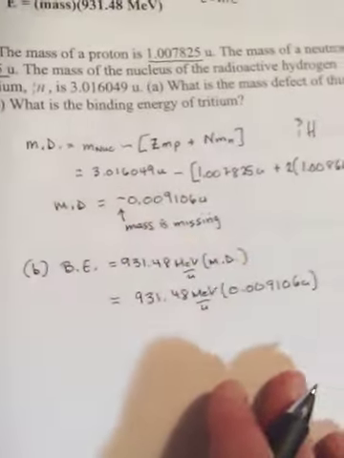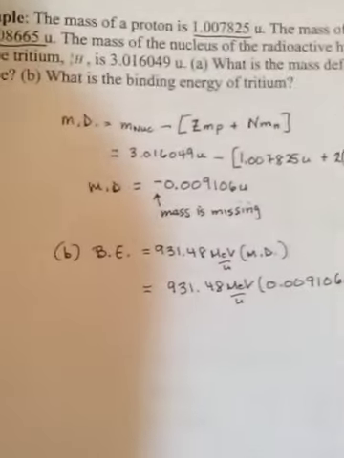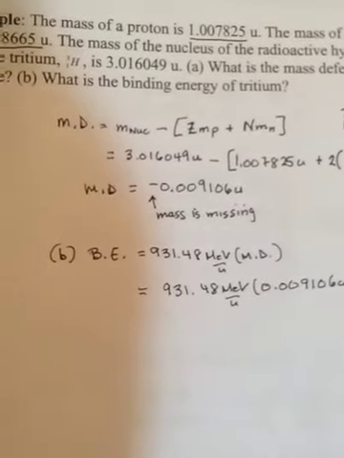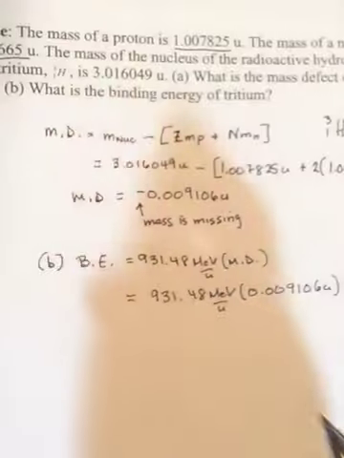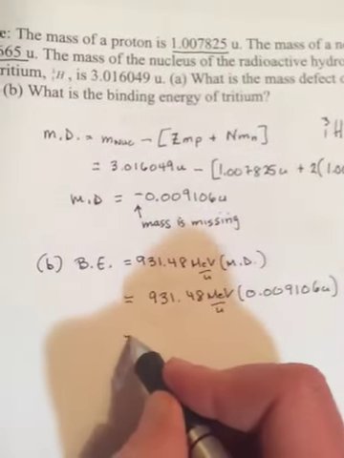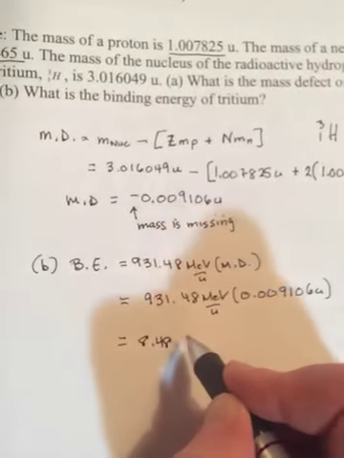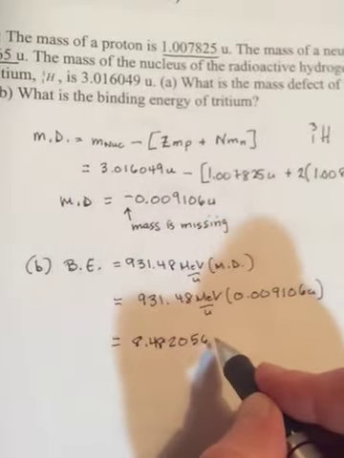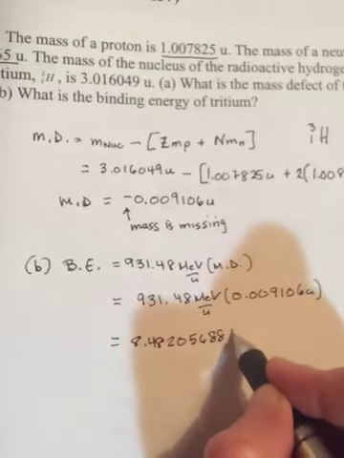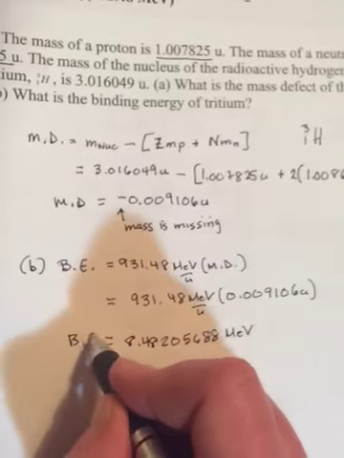You can if you want. If you keep it, then at the end of the answer, you say it's because the mass has gone missing. If you don't keep it, that's okay too. The negative is really just telling us that the mass has been changed into energy. And so we end up getting 8.48205688 mega electron volts. Okay, so that's the binding energy.